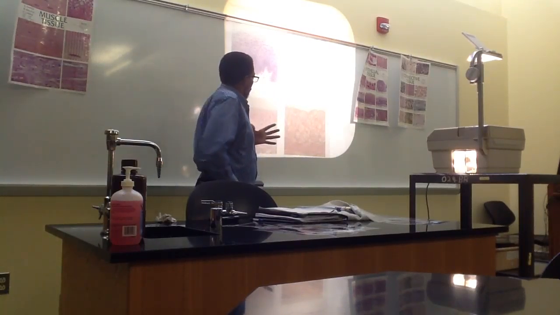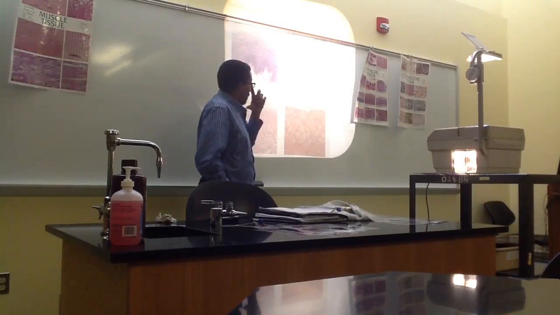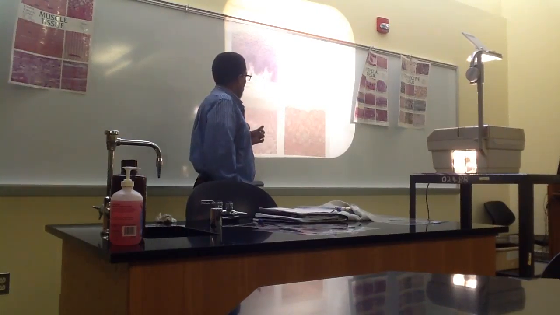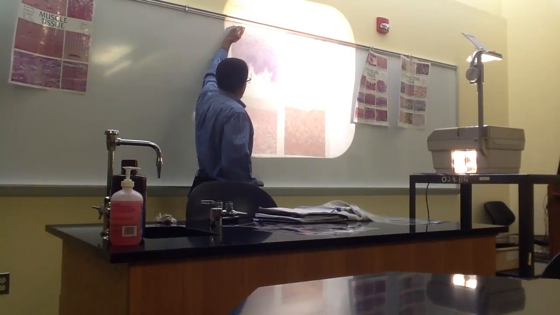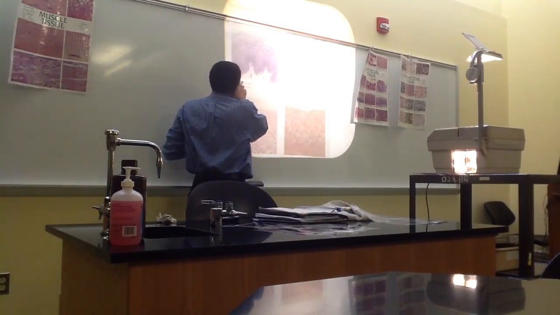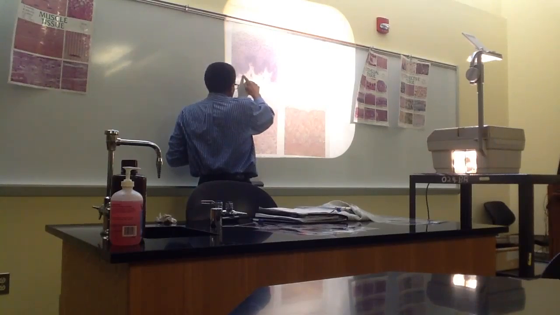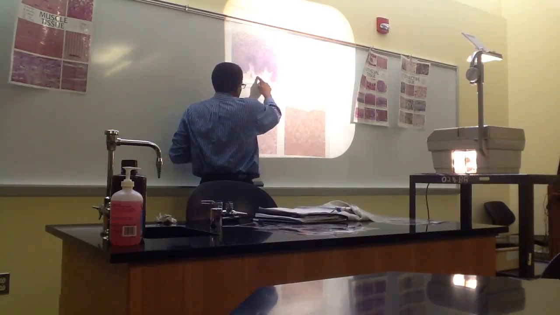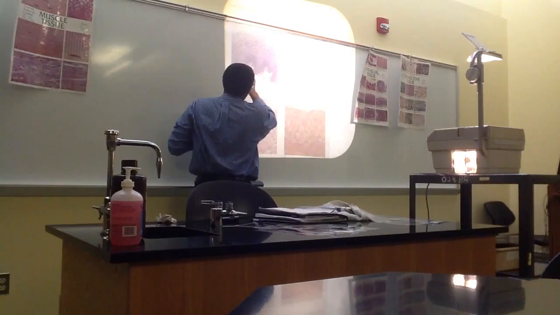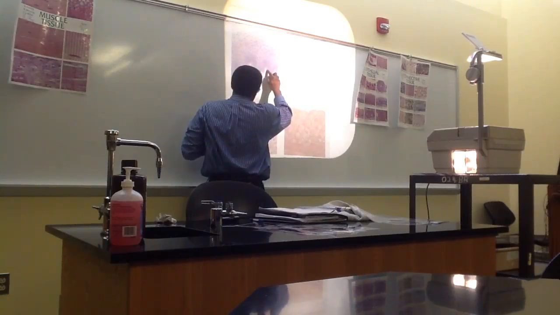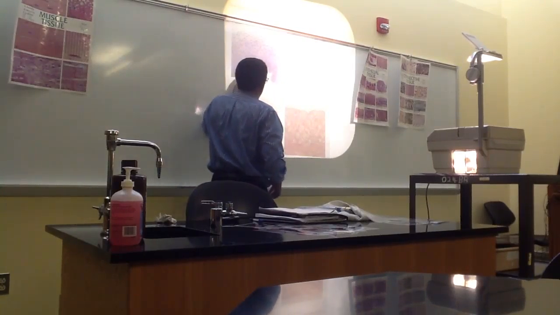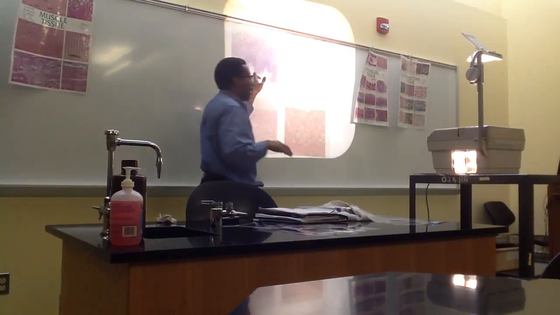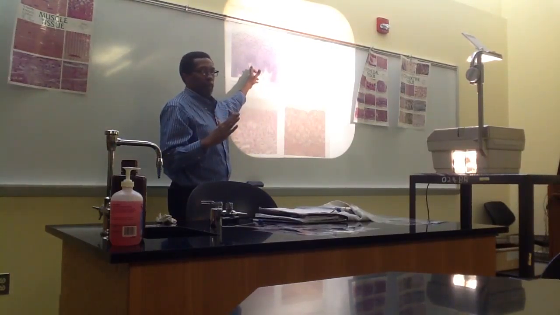Okay? Another identifying feature of epithelial tissues is that between the free space, there will be a kind of imaginary border or an imaginary line that follows its own contours. All right? And this will be a line of demarcation called the basement membrane.